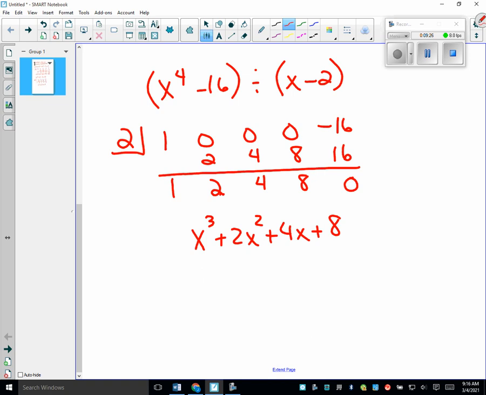Synthetic substitution. It's pretty much the exact same thing. Can I do a hard one to begin with?